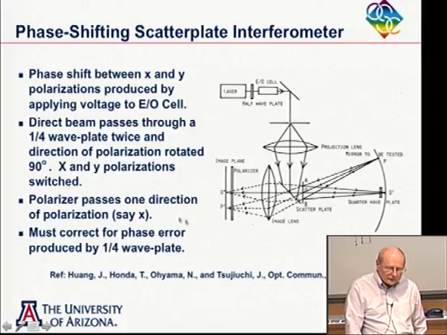And so let's say I pick this polarizer here to pass the X component. So what was X originally in the scattered direct beam is still X. And what was Y originally in the direct scattered beam now becomes X. And so that's how I got the phase difference.